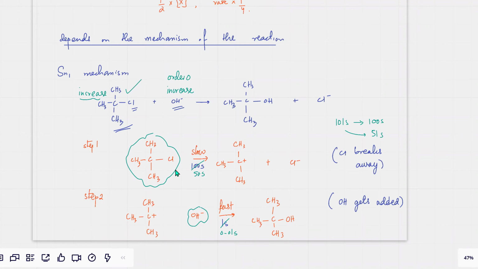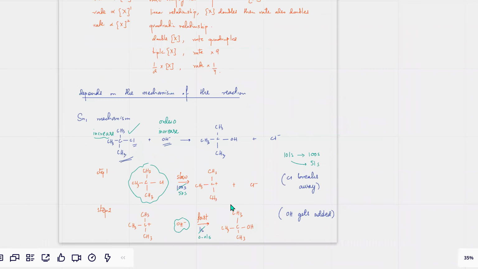Everything depends on the slow step. The rate of the reaction depends on the reactants that are involved in the slow step. You increase their concentration, the slow step speeds up, and that all of a sudden speeds up the whole reaction. So anything that's in the slow step has order 1. Anything that's in the fast step has order 0.